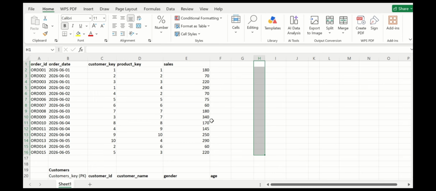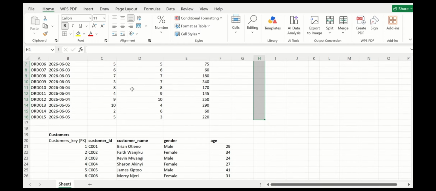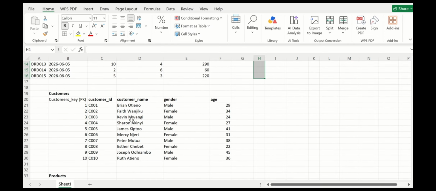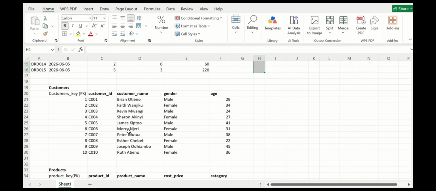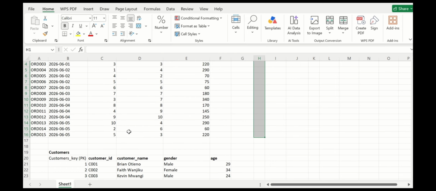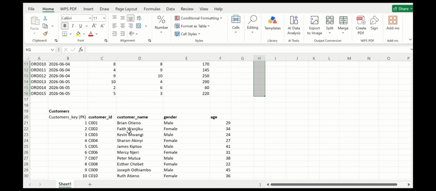Yeah, so now we have our orders table here, as you can see. So now we have our very cute orders table, and we have our customers table, and then we have our products table.